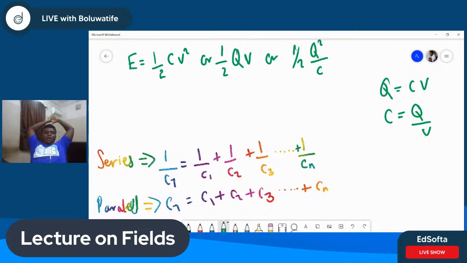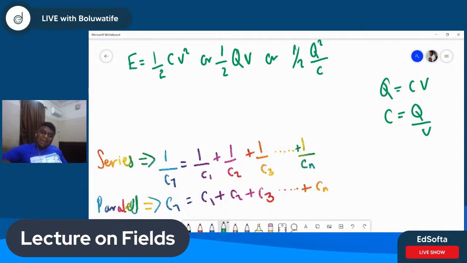Another thing to note is that it is the inverse. Remember, in resistors in series, the current remains constant and the voltage changes. But here, the voltage remains constant and the current varies. In parallel for resistors, the voltage remains constant and the current changes, but for capacitors the current remains constant and the voltage changes.